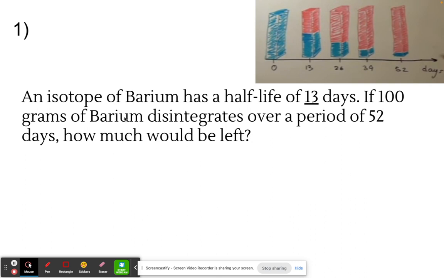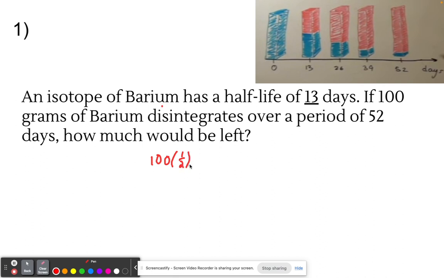So my starting point for my barium would be 100. I have 100 grams of it. And this half-life, so we're talking 1/2 is the amount it's decreasing.